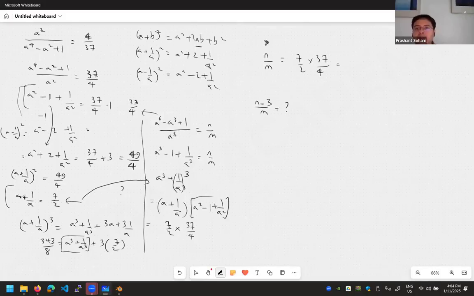So if you see here, actually they are co-prime, right? There are no common factors between numerator and denominator. So actually I can say that n is the numerator and m is the denominator.